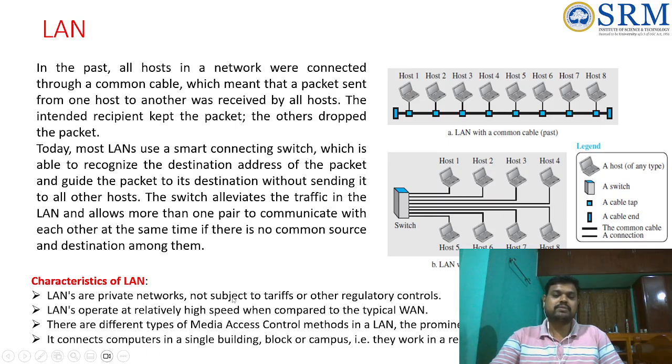Most of the time LANs are private networks, so you don't need to get any license from the regulatory controls. LANs operate at high speed when compared to WAN or MAN, because the geographical area is much smaller than other networks, so it is very easy to take care of the controlling methods, monitoring, etc.